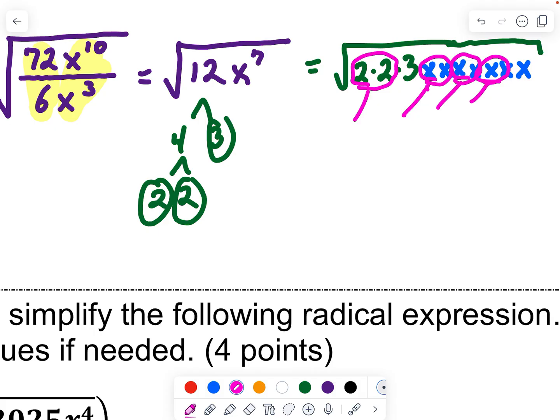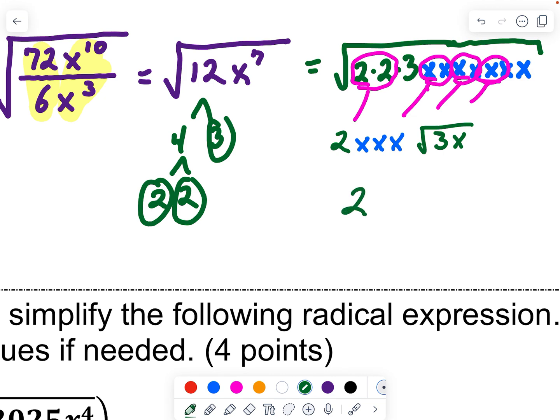I have square root of 2 times 2 is 2. And I've got 3 x's coming out. Each one of those comes out as a single x. And then left under the square root is a 3 and an x that were not circled.